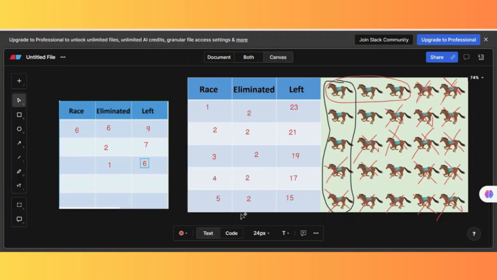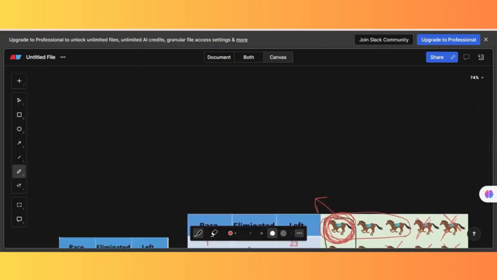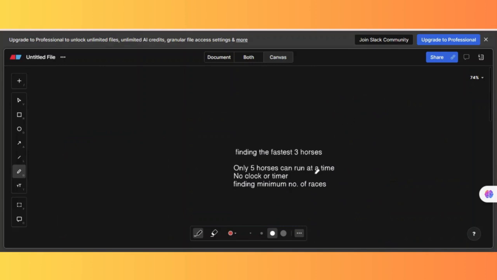Now, from each and every location, I can say that this is my first horse, the first position horse, and I will make it separate. After this, only five horses are left, like this: one, two, three, four, five. As the question says, only five horses can run at a time.